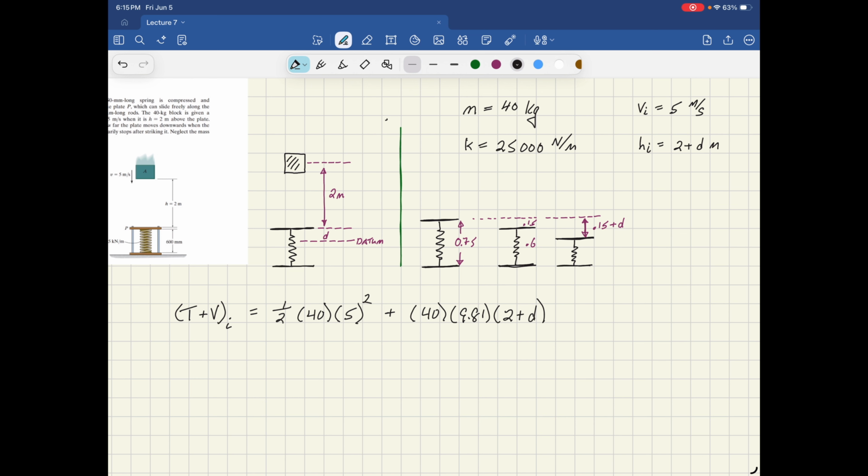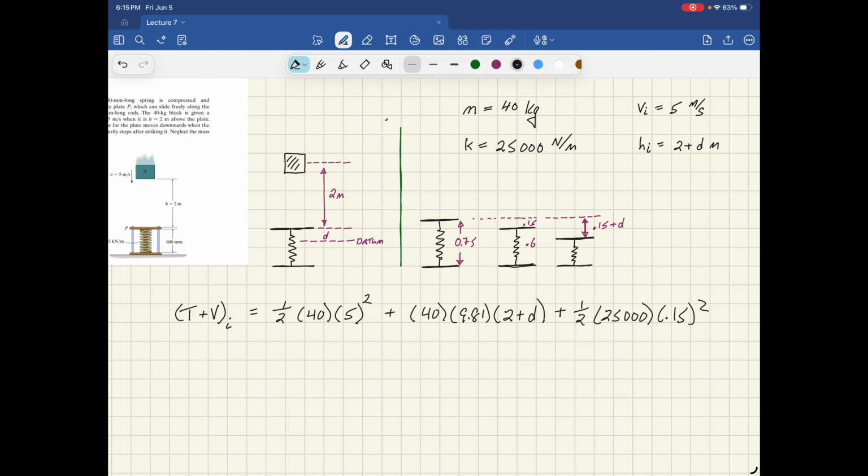And now we also have to account for the fact that the spring itself is compressed 0.15. So the total energy in the spring is 1/2 times K, which is 25,000, times 0.15 squared.